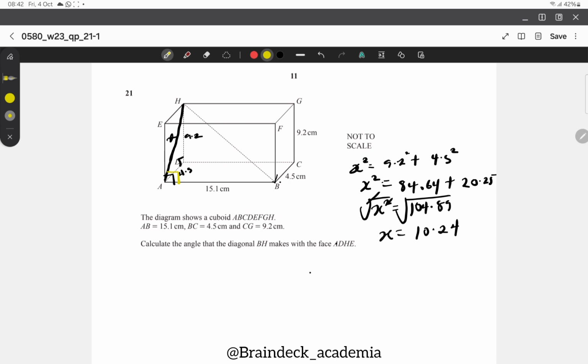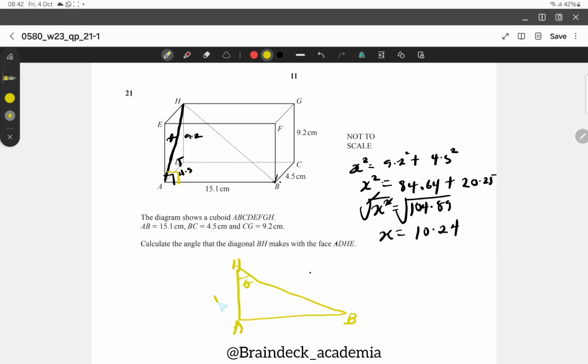So we can draw out our triangle like this: HA, then we have AB. This is the angle we're looking for, theta.